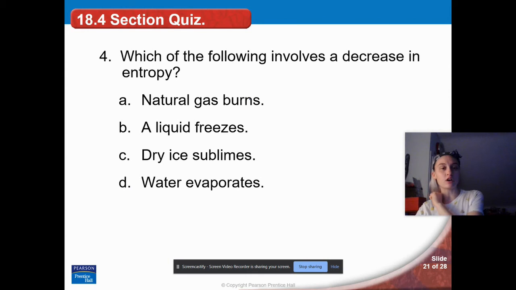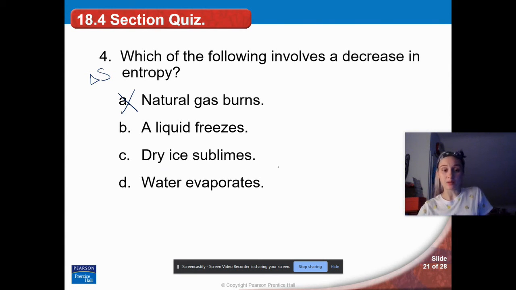Which of the following involves a decrease in entropy? Remember, entropy is delta S, not enthalpy. A decrease in entropy is getting more orderly, okay? Is something burning more orderly? No, I don't think so.